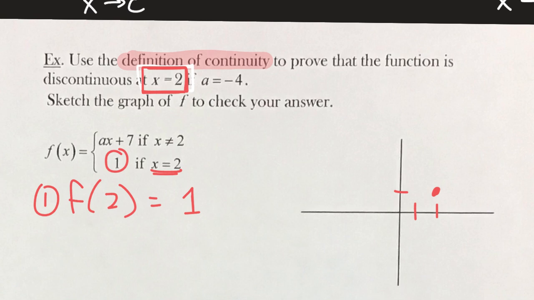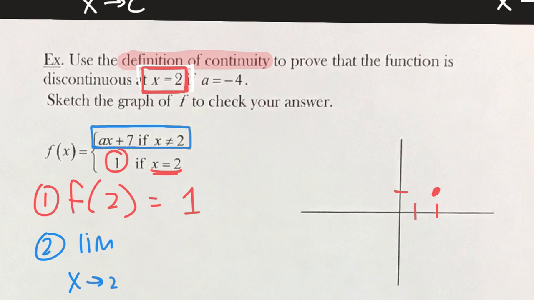Number 2, what is the limit as x approaches positive 2? Well, we're going to use this equation. So everywhere that x is not 2, we're going to use this equation, and it says here negative 4x plus 7.